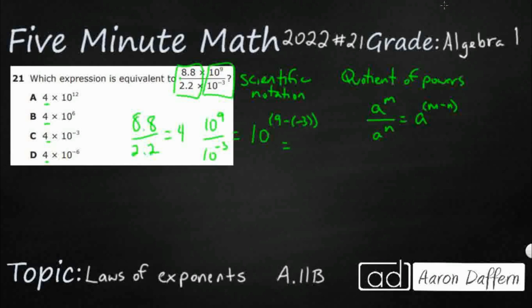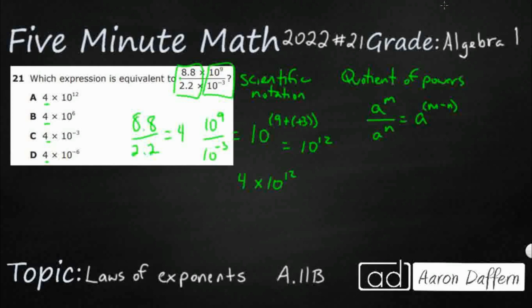So that looks like it's going to be 10 to the 12th, right? Because we're subtracting a negative, that ends up adding. Okay, so it looks like, if I'm reading this correctly, it's going to be 4 times 10 to the 12th. But that's the question. Does it really work that way?